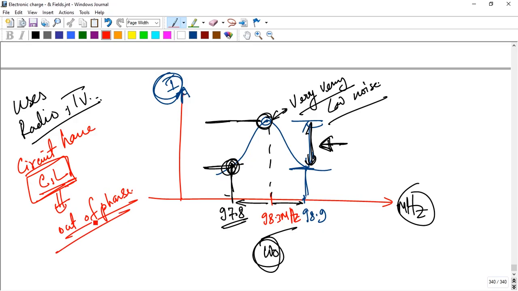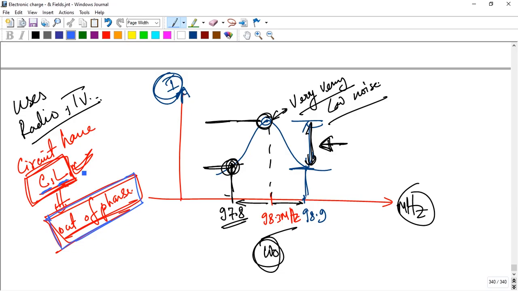That's very important. That's why we use them in a tuning circuit, with the help of LC devices, passive devices, because in these two devices, C and L, voltage and current are always out of phase.